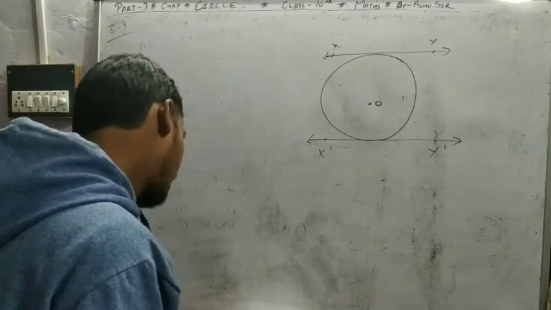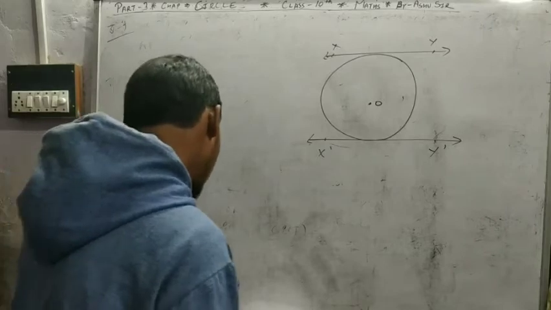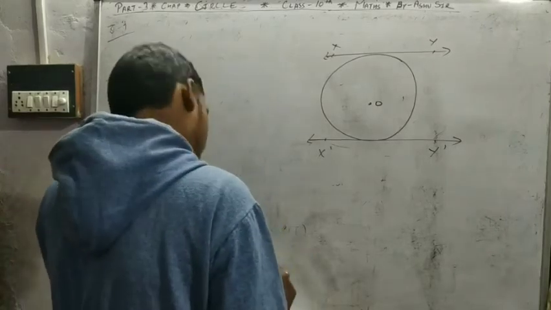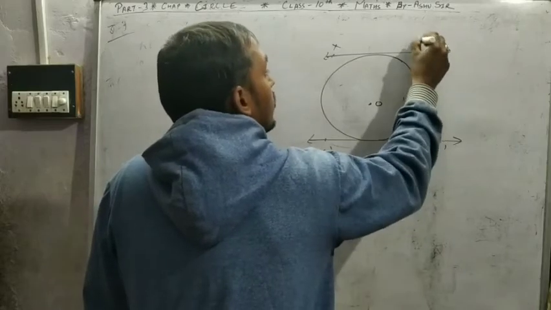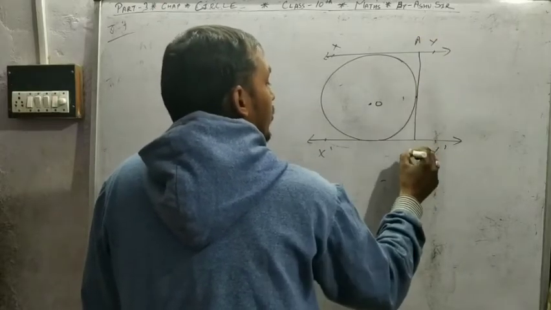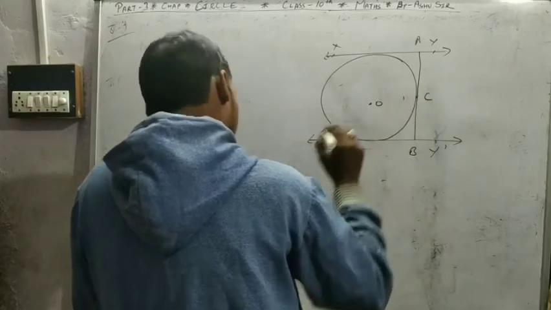AB is a tangent with point of contact C, intersecting XY and X'Y' at A and B. Means AB is the tangent touching the circle at C.